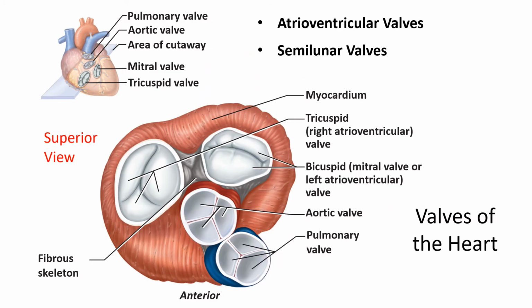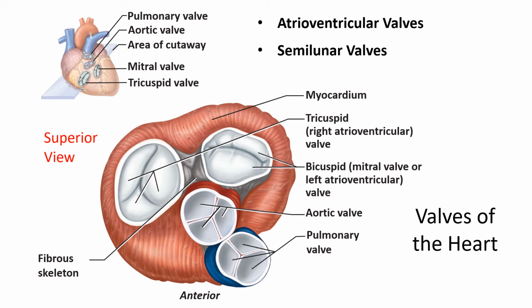Here we have a section of the heart where the section passes through all the valves of the heart. And this isn't a nice, neat transverse section. It's an oblique section, a section at kind of a crazy angle. But you can see that we have the 2 atrioventricular valves.